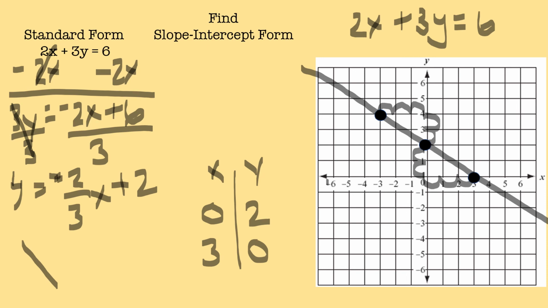Oh, I was right. I don't know why I'm being so silly. Y-intercept, and this is my x-intercept. Okay, so let's look at our graph. If we're looking for our y-intercept, look right here. Our y-intercept is 2. It's right here in the middle, right? And when we're looking at our x-intercept, it's right here at the 3.